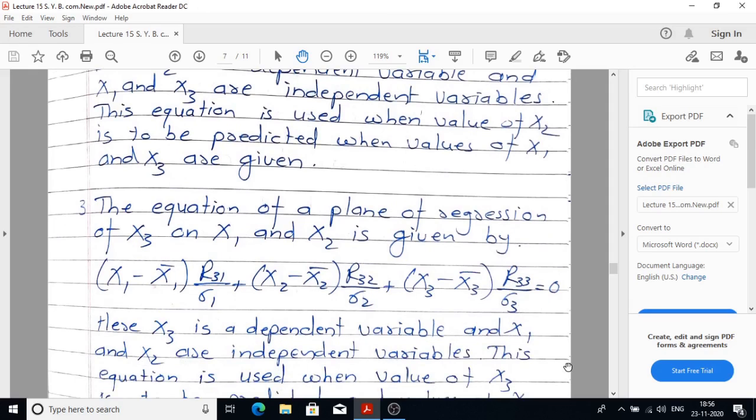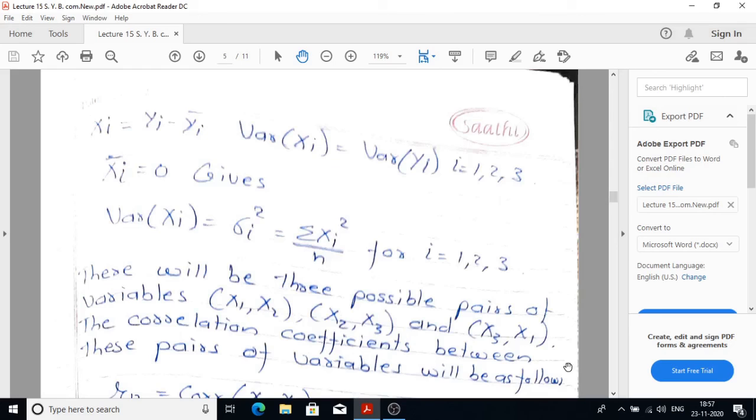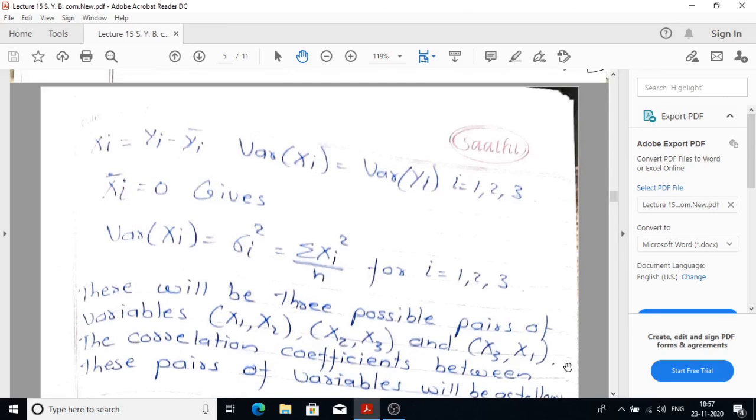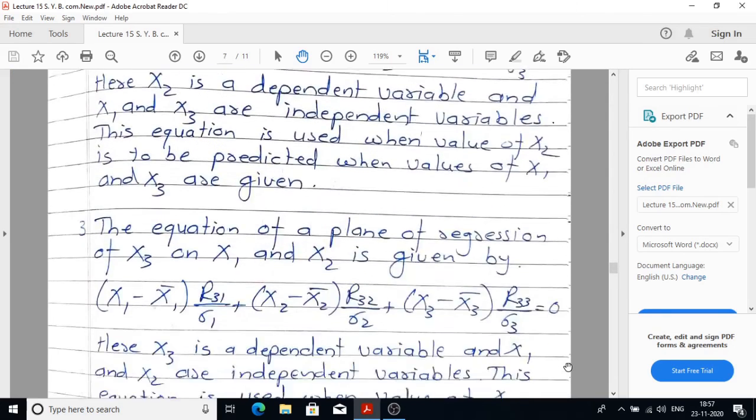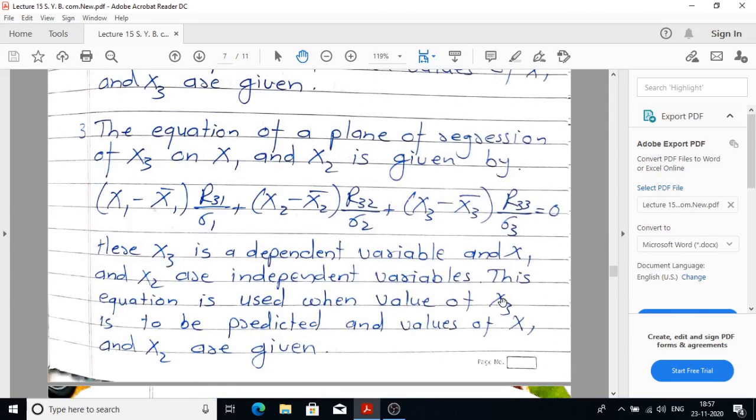Here x3 is a dependent variable and x1 and x2 are independent variables. This equation is used when value of x3 is to be predicted and values of x1 and x2 are given.